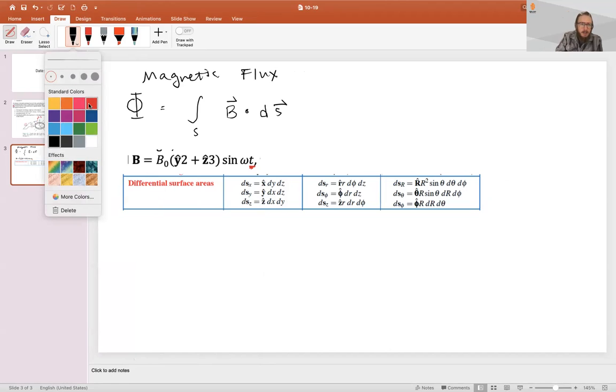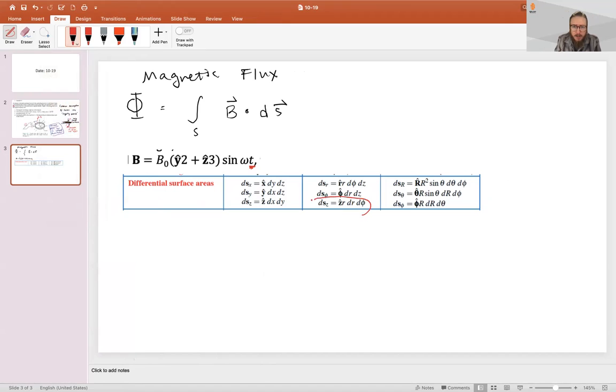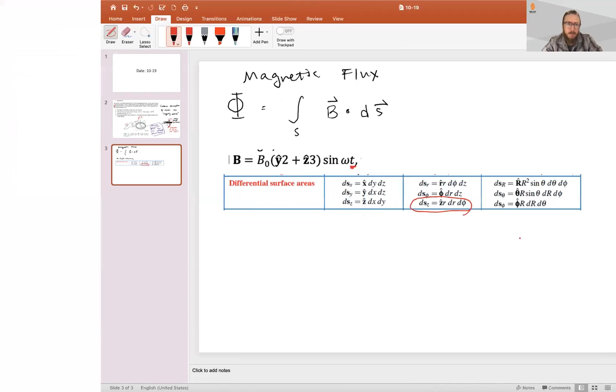And if you need a hint, we should use this dS. I'll give you a few more moments, and when you have an answer, upload it to the Google Drive.